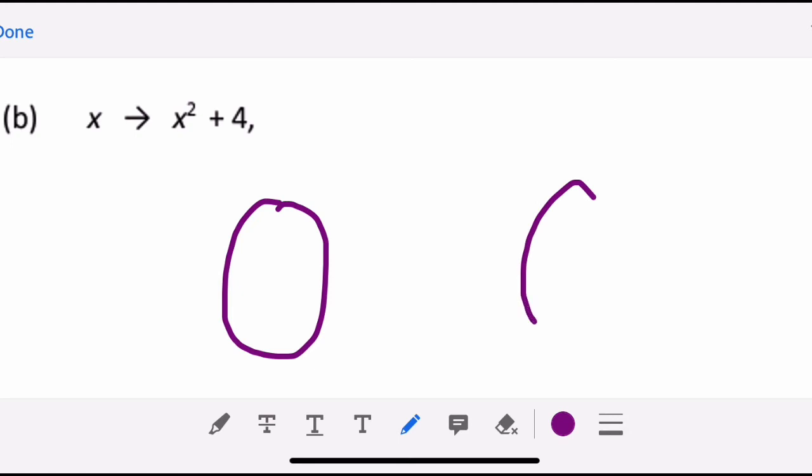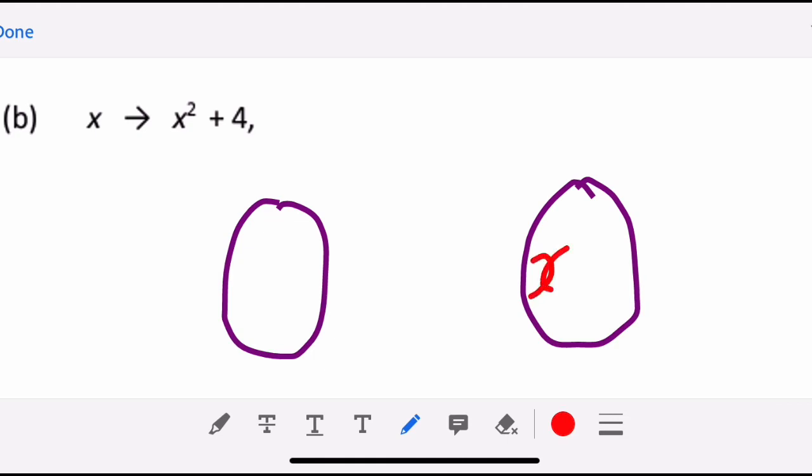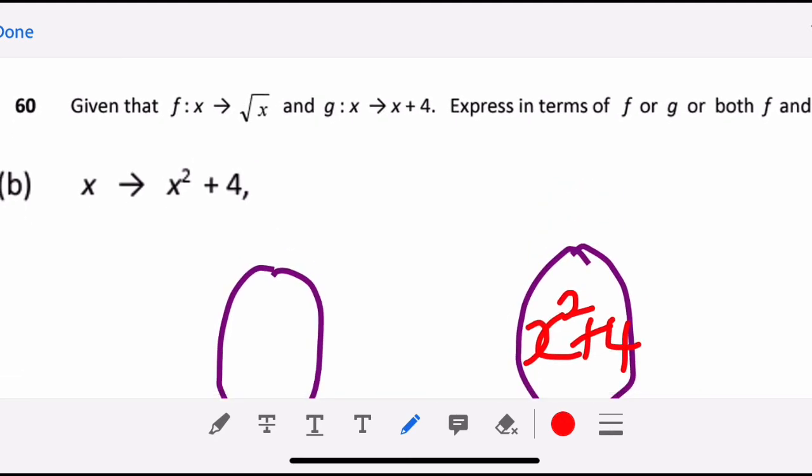So this is an object. This is an image. So you can always use a concept like this. This is x squared plus 4, right? So if you look at the function given, you have the f(x), which is square root of x.